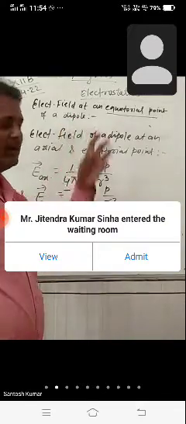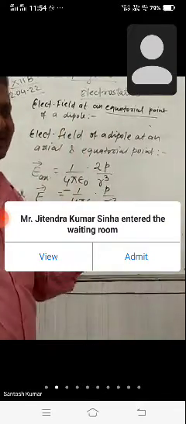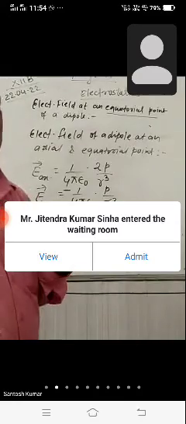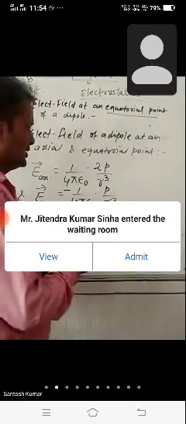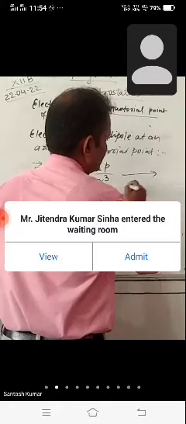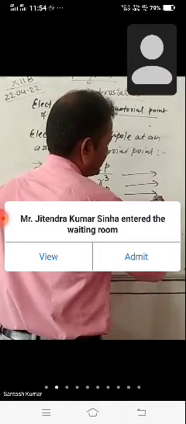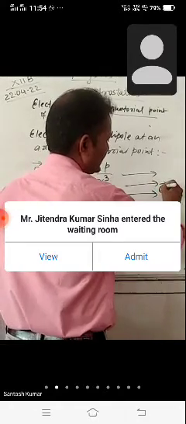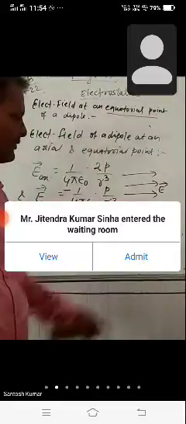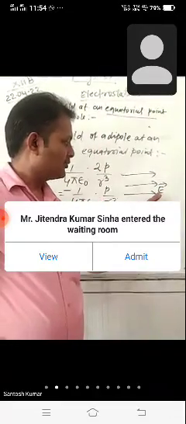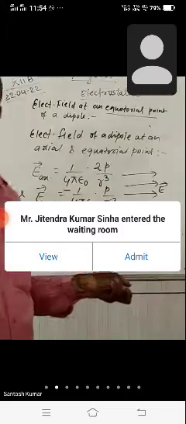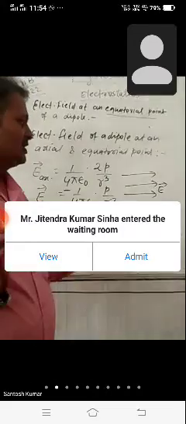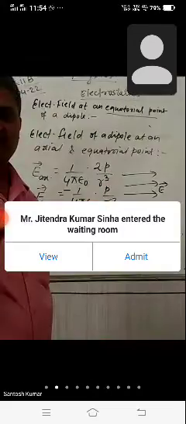When this dipole is placed in a uniform electric field, what will happen there? Just remember, these parallel lines having some direction represent uniform electric field lines.